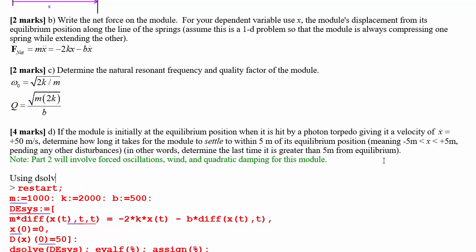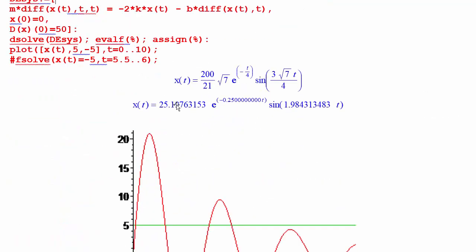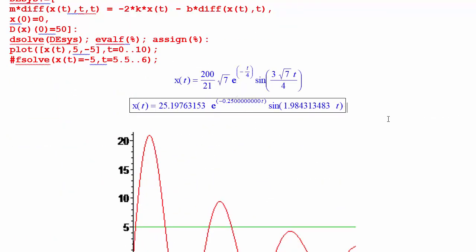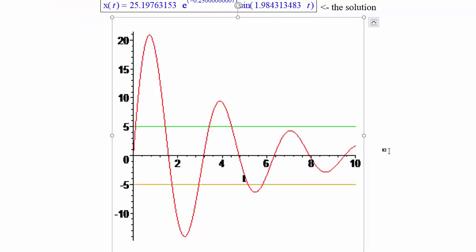Using dsolve, we can find the solution to this DE and then plot it. Okay, so there's the solution. How about this? The solution, and there is the plot.